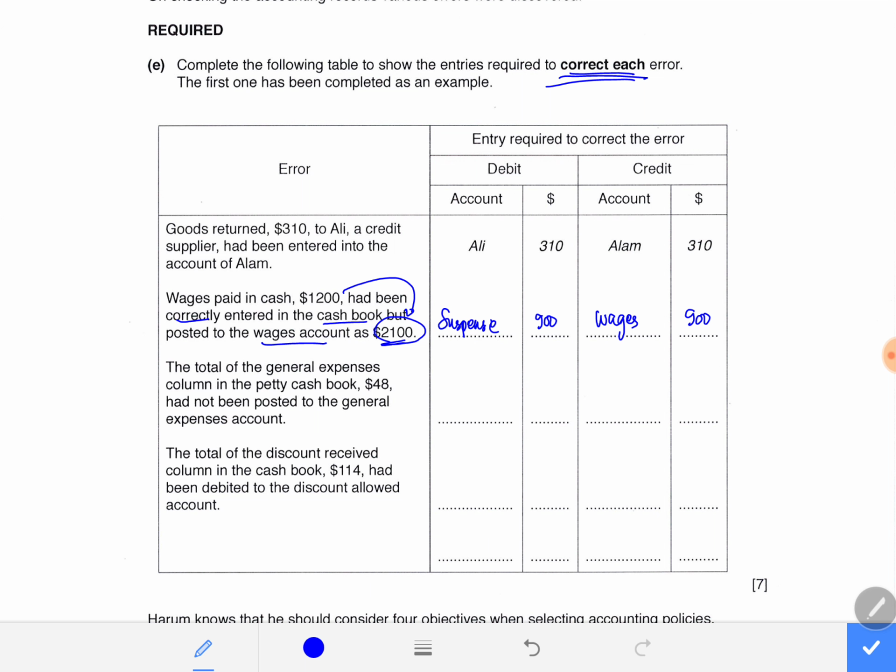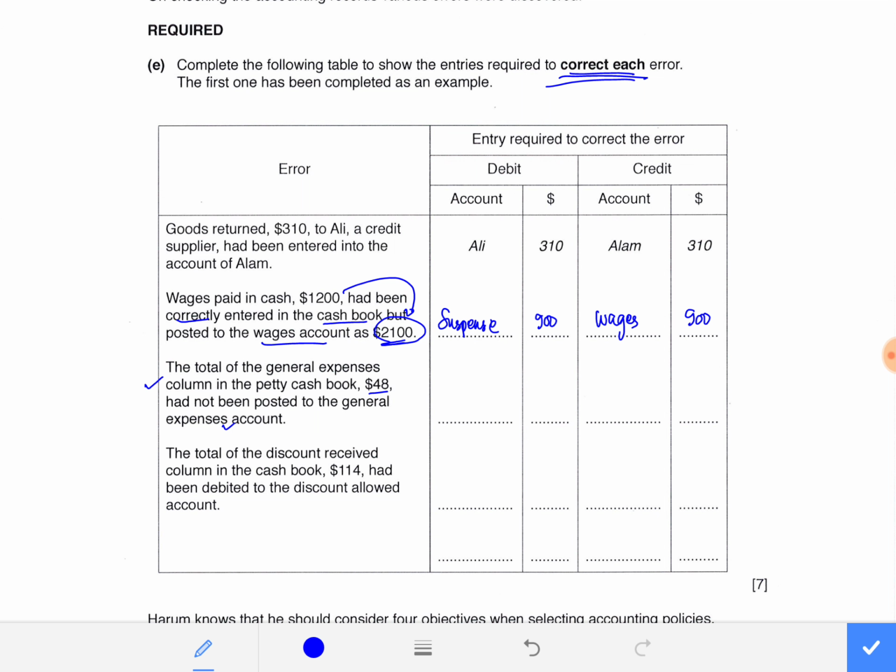Next, the total of the general expenses column in the petty cash book of $48 had not been posted to the general expenses account. So basically, in the petty cash book there are no mistakes, but general expenses has not yet been posted. So only one account is wrong.